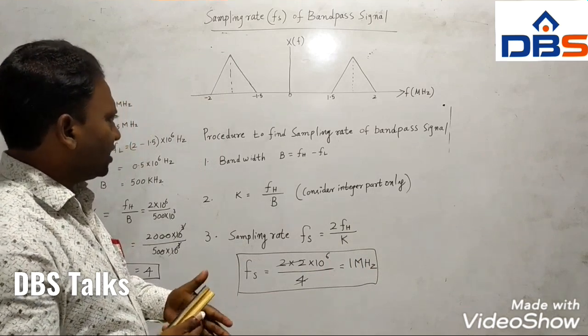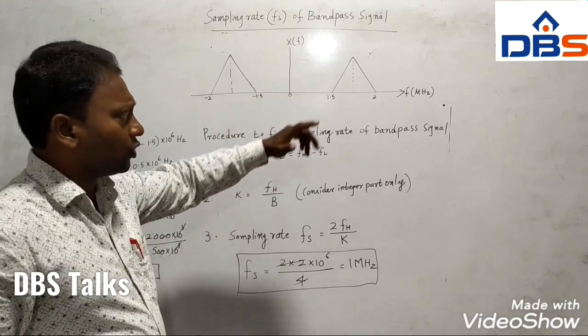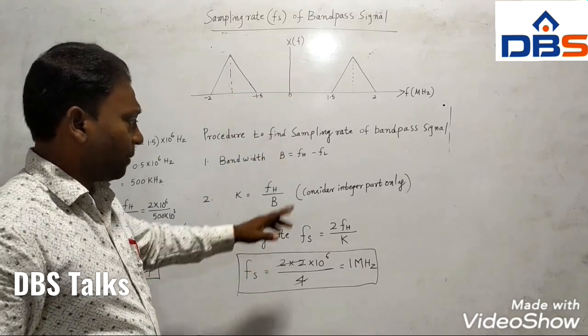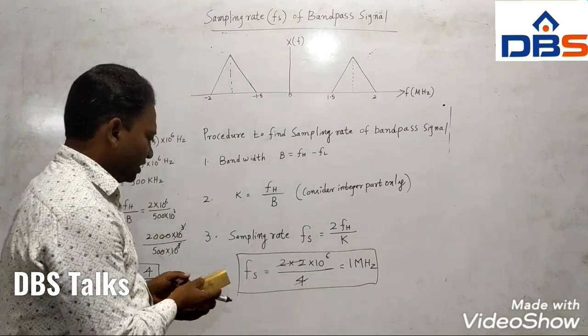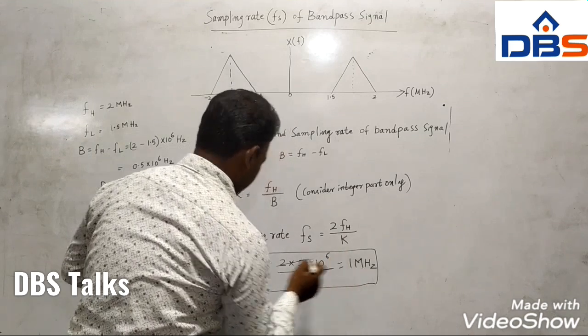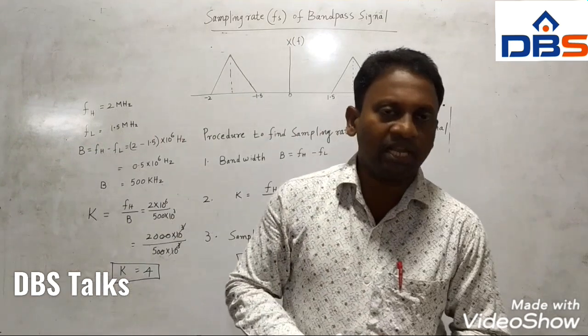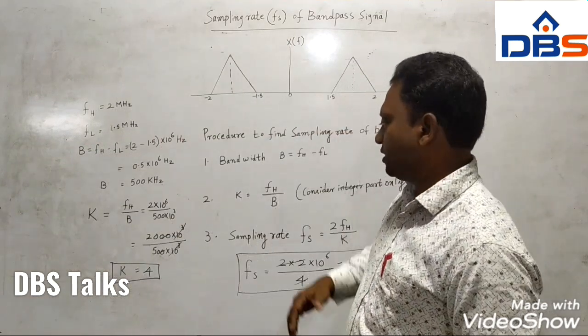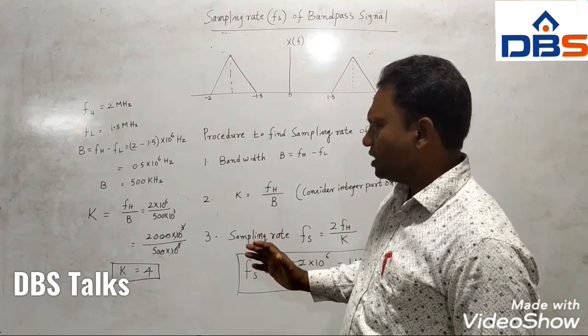Now if you compare it, if you directly calculate with 2fs, you will get 4 megahertz. But if you use the band pass sampling criterion, we get 1 megahertz. So that is the difference between the sampling rate of a low pass signal and the sampling rate of a band pass signal. So in this way you can calculate. There is always a limit.